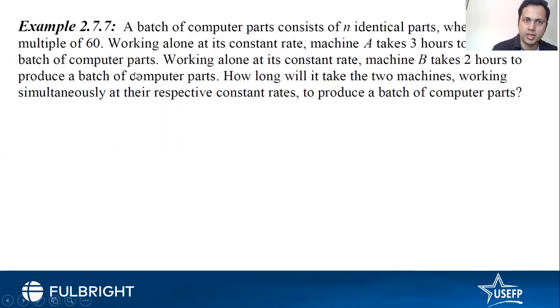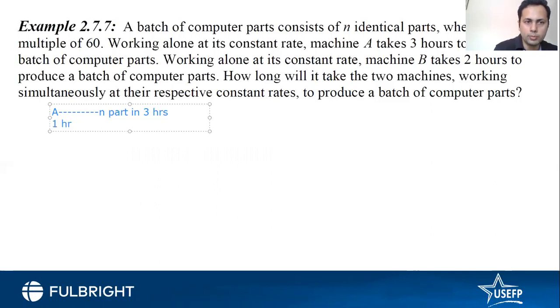The way to solve it is this: n is a multiple of 60, so n might be 60 parts, it might be 120 parts, it might be 180 parts. Machine A completes n parts in 3 hours.